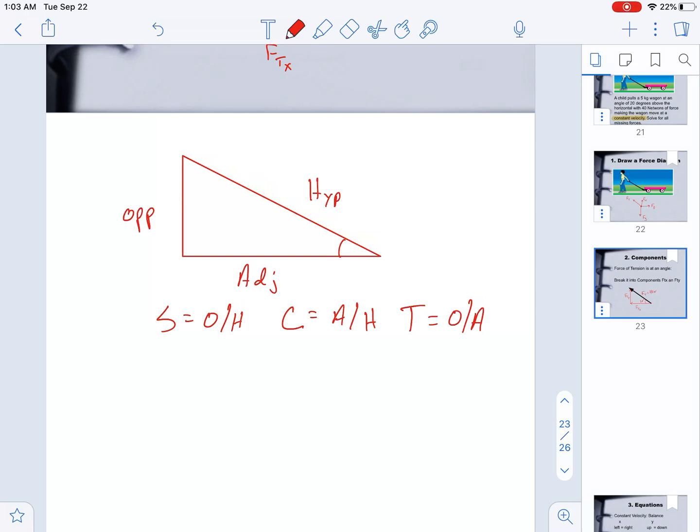What that tells me is if I want to know my opposite side, I'm going to use my sine. If I call that theta, my sine of theta is equal to opposite over hypotenuse, which means for my opposite side, I'm going to multiply both sides by hypotenuse, telling me that my hypotenuse times the sine of theta is going to tell me what my opposite side is.